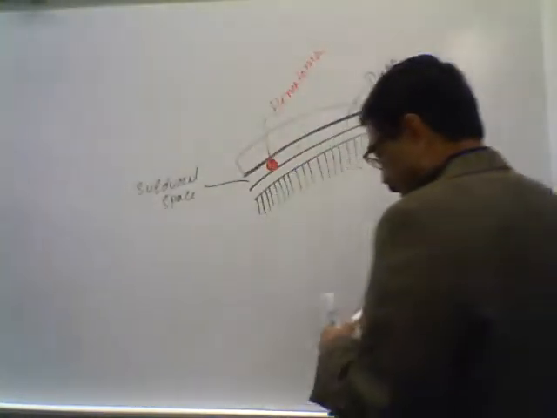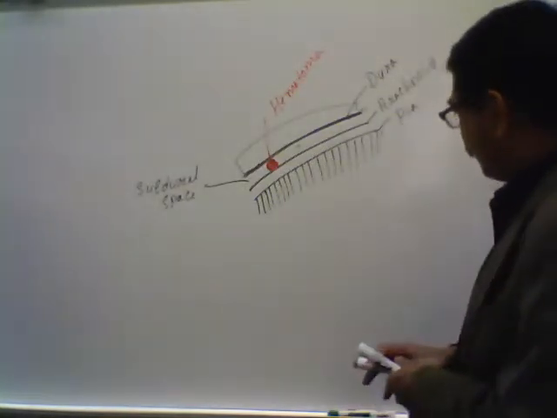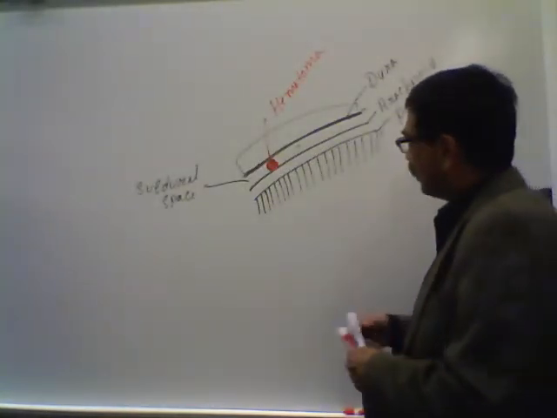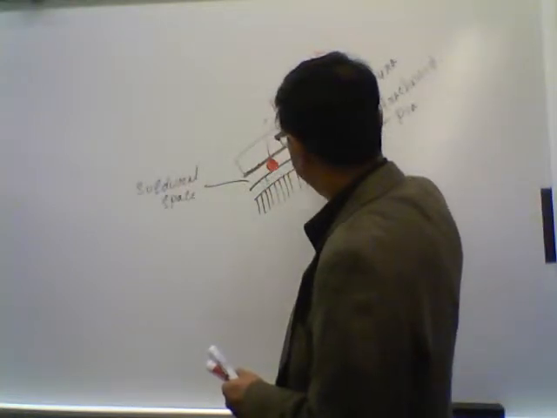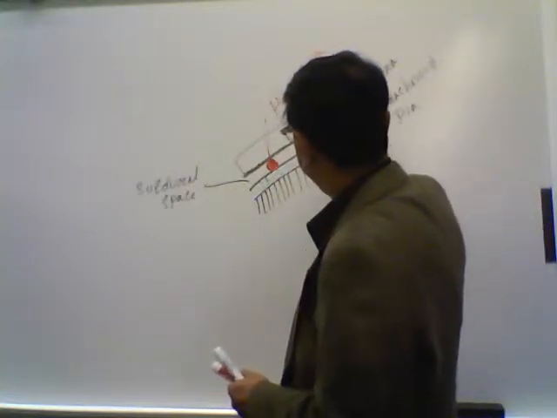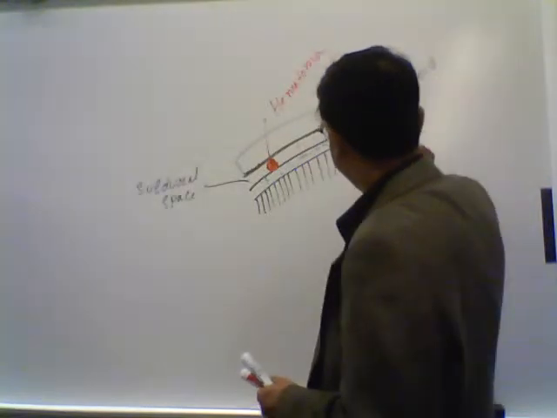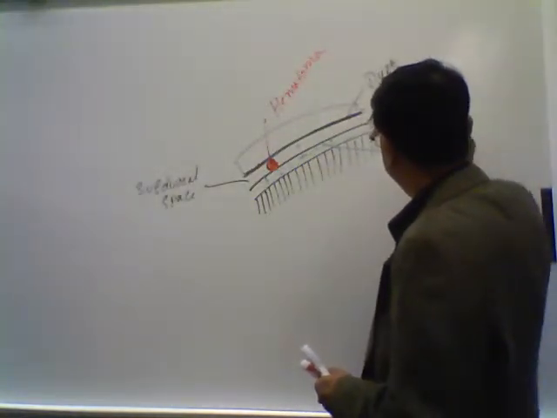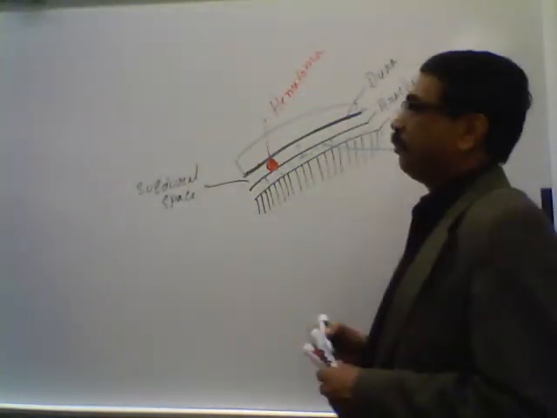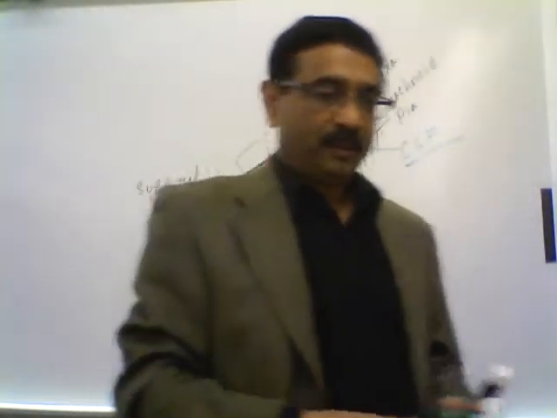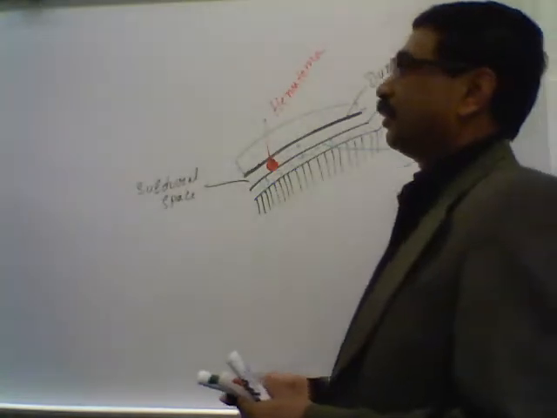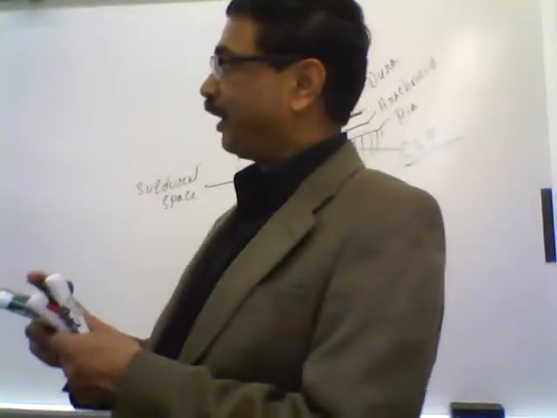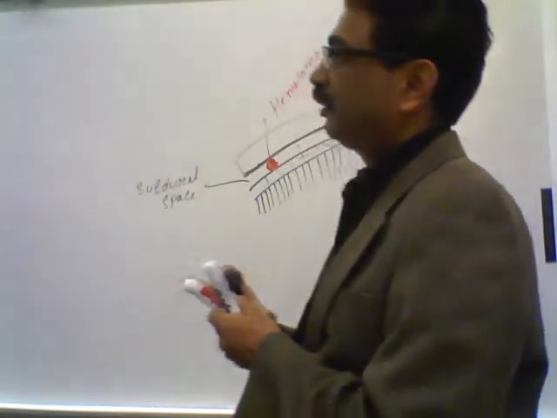Okay. And the cerebrospinal fluid is located here in the subarachnoid space, filled with the fluid called the cerebrospinal fluid. Okay, so that's how the three layers are present, and you have the space in between the layers.